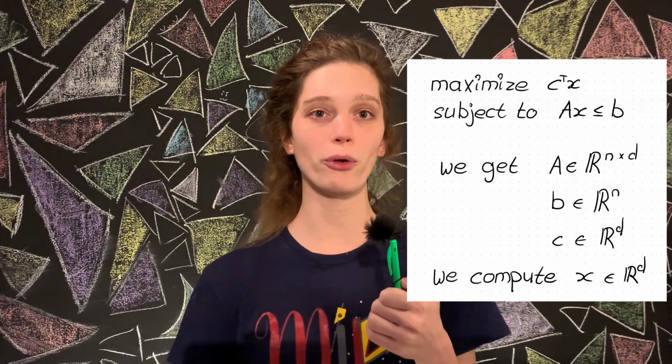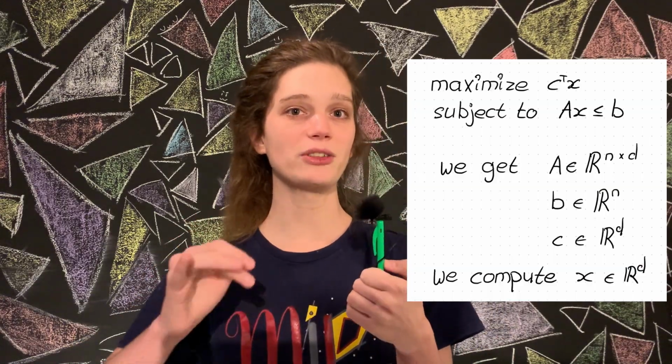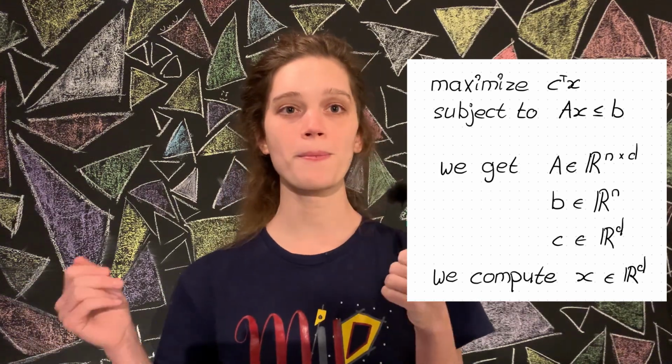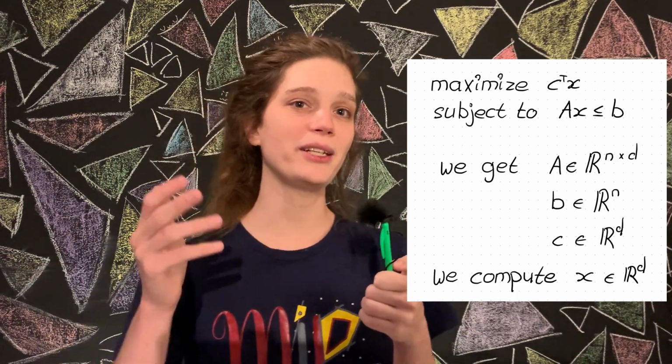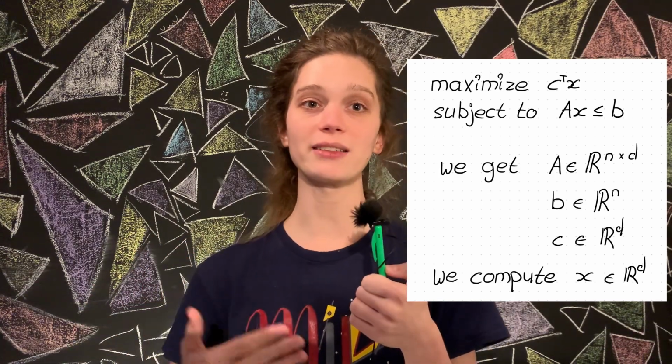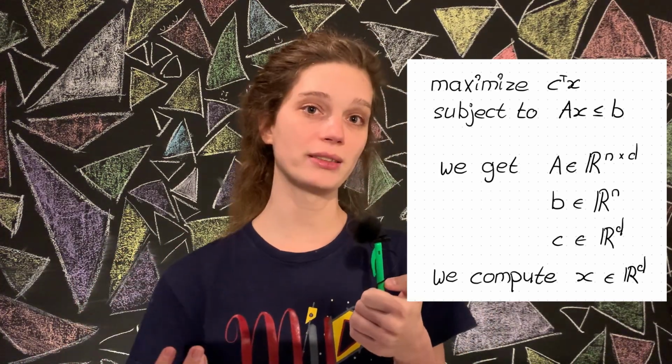So we're going to be solving a linear program, which is anything that can be written in the form maximize C transpose times X subject to AX at most B. Here, the matrix A, the right-hand side vector B, and the objective vector C are given to us.